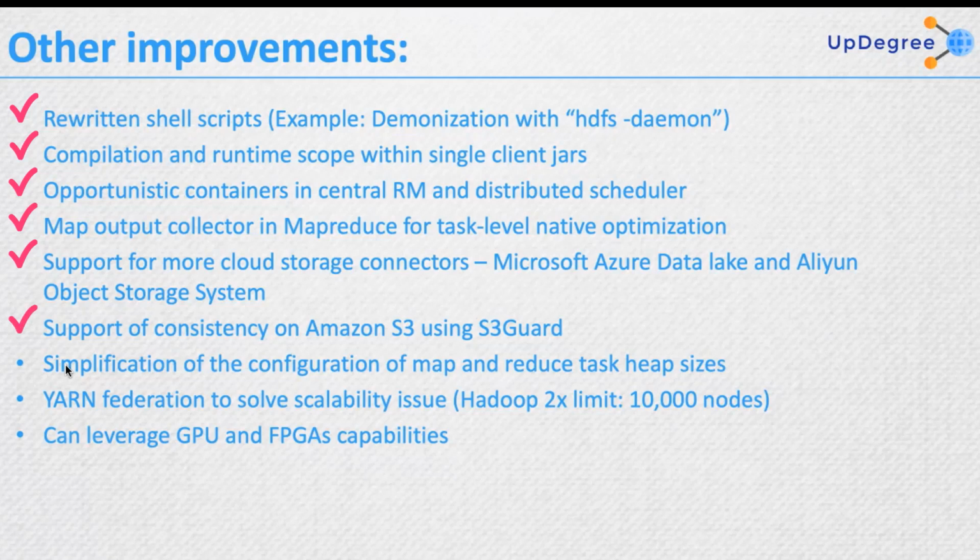Support for consistency on Amazon S3 using S3Guard. Whenever you talk about object storage on the cloud, consistency is one of the real issues. Why? Because when you store data on cloud storage, it keeps lots of backups of that data. The consistency you get is eventual, because the data has to be copied to different locations.